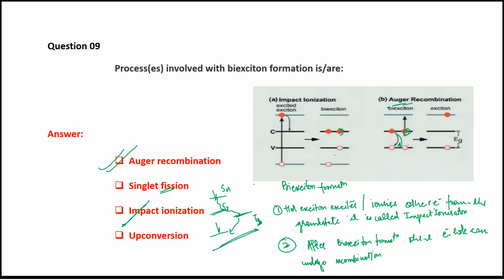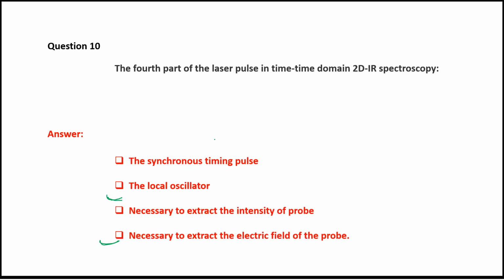This process is called singlet fission. Although our point of interest is the process that includes biexciton formation; the processes involved in biexciton formation are Auger recombination and impact ionization. With this, we'll go on to the next question.